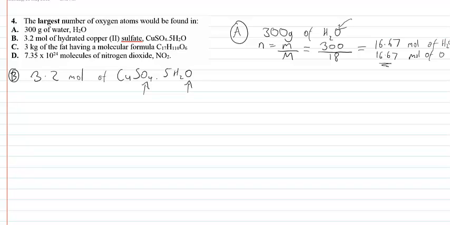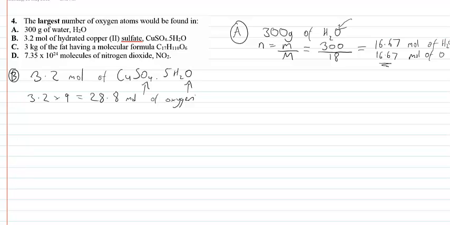So to find the number of oxygen atoms in mole, we just do 3.2 multiplied by 9. Because, as I said, we've got 9 oxygen atoms in every molecule of copper sulfate, and we have 3.2 mole of those molecules. So 3.2 times 9 will give us 28.8 mole of oxygen atoms.